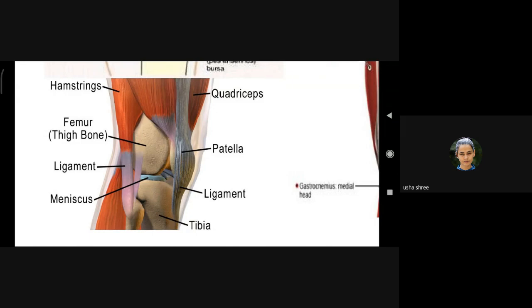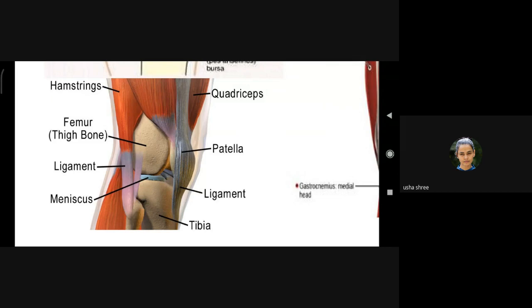What are tendons? Tendons join muscle to bone. Yes, very good. So this hamstring is elongated by tendon, and the tendon is joining to the fibula. Just like that, the quadriceps are also joined with the patella and tibia.